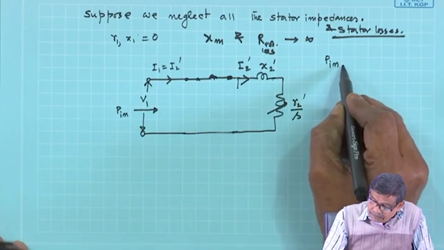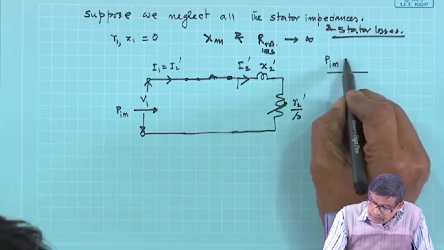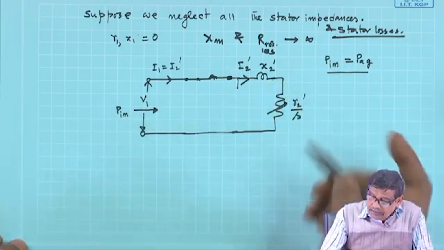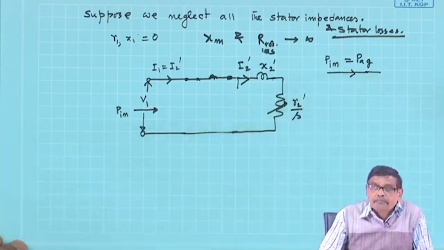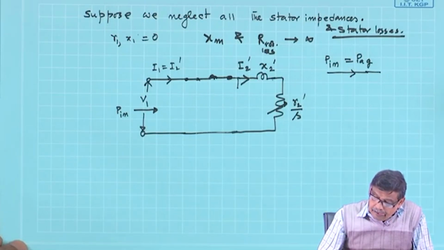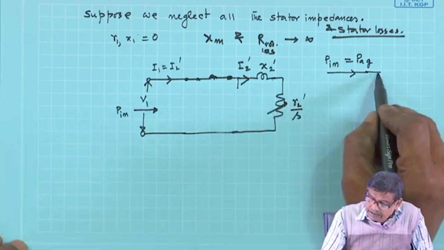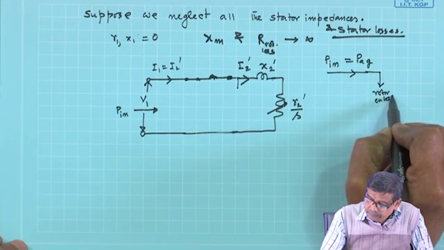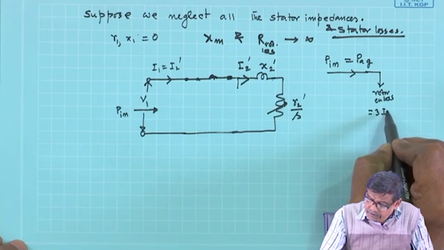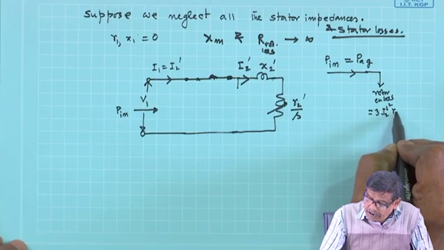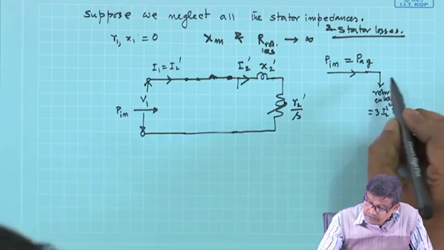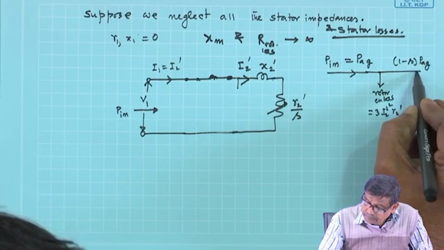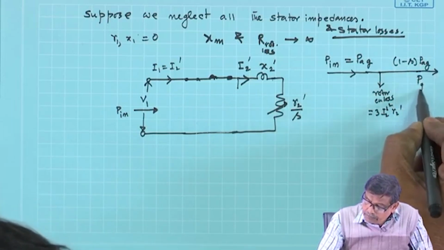This power must be equal to your air gap power in this particular case. That is what I am assuming. And from this you have to subtract the rotor copper loss. What is its value? 3 I2 dashed squared R2 dashed. This is the total rotor copper loss, and this, 1 minus S into PAG, is the gross mechanical power, that is all.